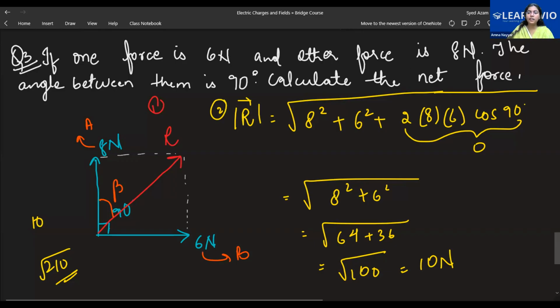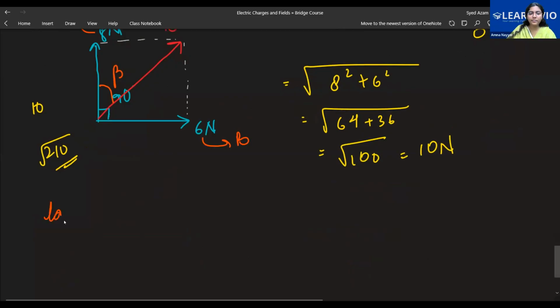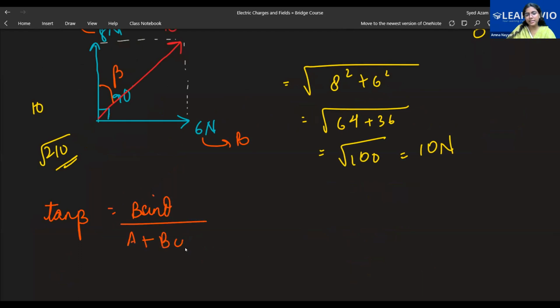In our formula, B sine theta divided by A plus B cos theta, the determination of B and A are done through this only. See, if you have taken beta with this vector, this vector will be A and this vector will be B. If you are taking this as beta, this will be A, this will be B. Answer will be accepted by both of it.